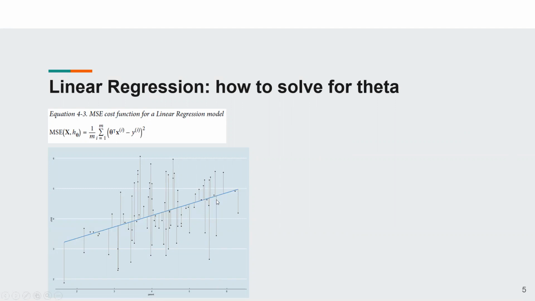And then for this level of x, the actual y observation is really here, and the distance would be the difference there. Take the distance squared, sum all of the distances squared, and use 1 over m to calculate the mean squared error. And then you try to minimize this quantity to solve for theta.